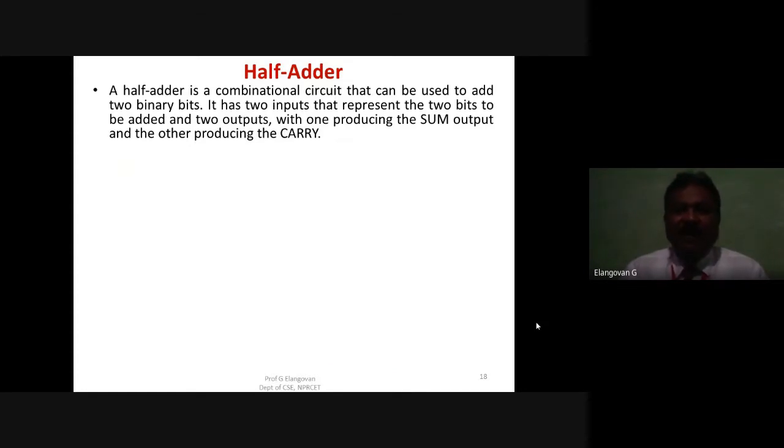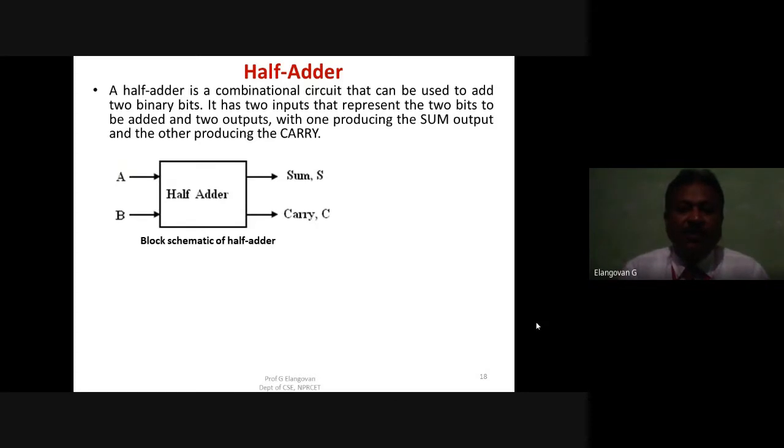For example, if you are adding 1 and 1, we will get output 10. The 0 is called sum, and the new bit generated from the single bits is called carry. So carry is carrying the value to the higher order.